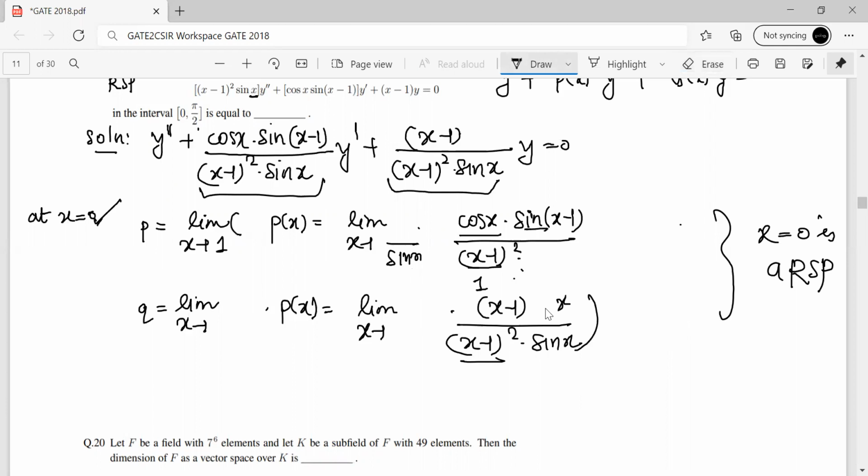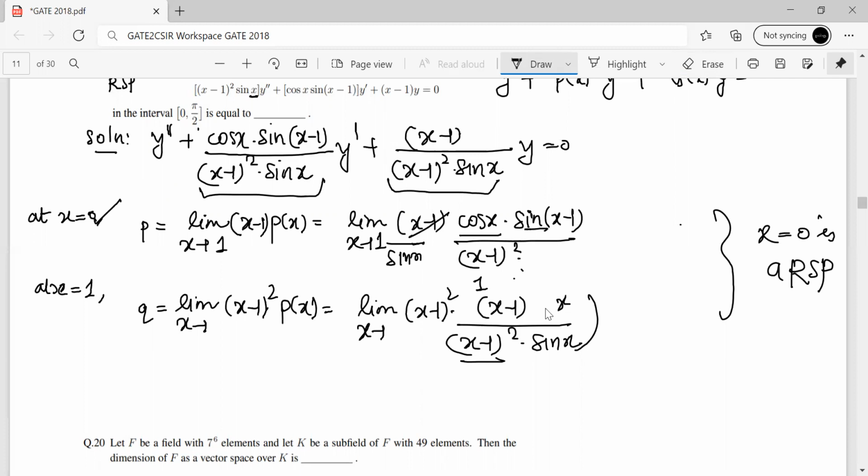Now I'll have a different story. So it is x minus 1. So this will be (x minus 1) square p of x, and here I'll be getting x minus 1, and here again it will be (x minus 1) square. So let us find out this limit first, and then we will solve further. You got limit x tends to 1, (x minus 1) into p of x. So I have limit x tends to 1, (x minus 1) upon this entire quantity.